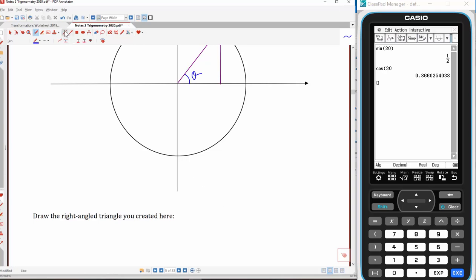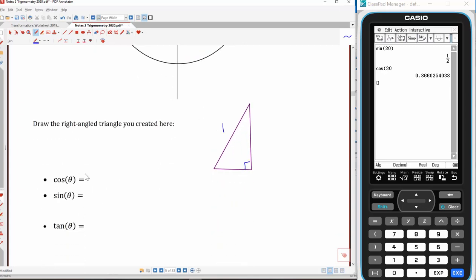So here is the right angle triangle, I'm just redrawing the right angle triangle produced. Remember, that's 1.